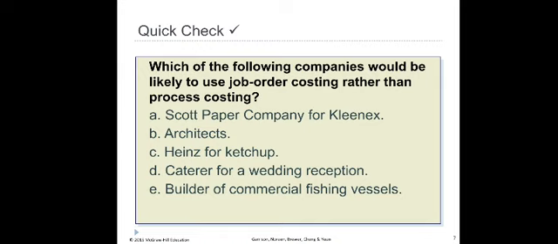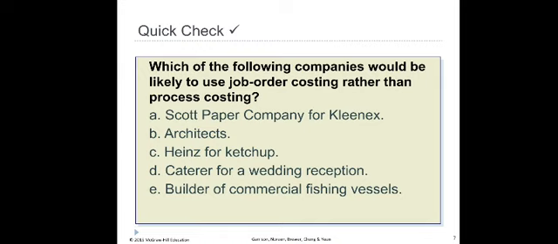Okay, let's see this question. Is Scott Paper Company for Kleenex? This one, I think, should use process costing system, because Kleenex produces tissue paper, one product but many thousands or millions of units. Architects, what do you think? Architect is an example of a business that should use job order costing system, because the main activity of an architect firm is to draw plans for buildings, I think.